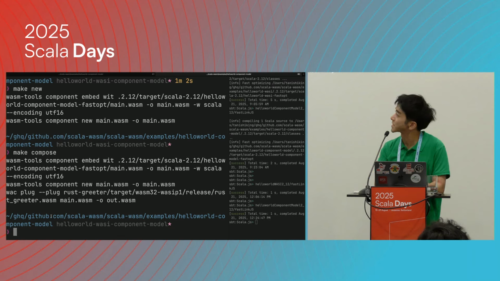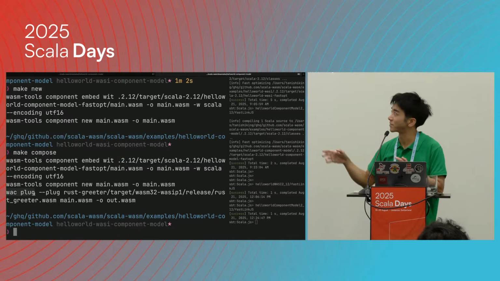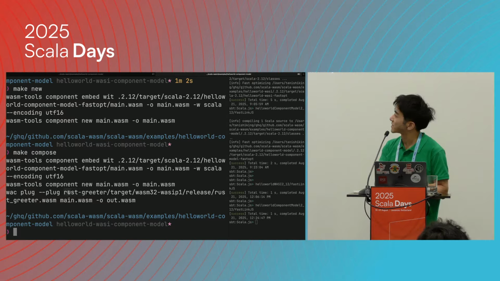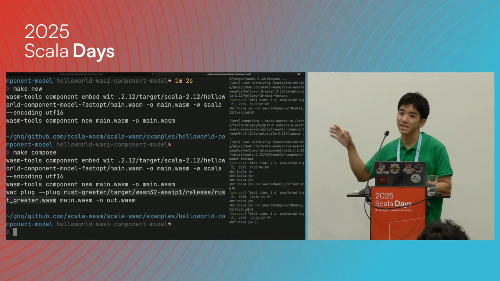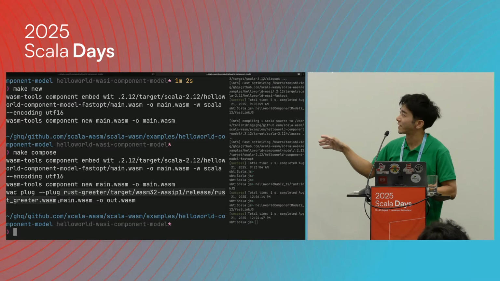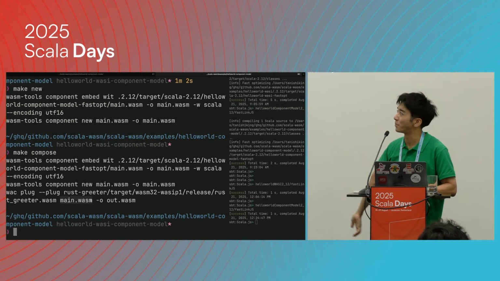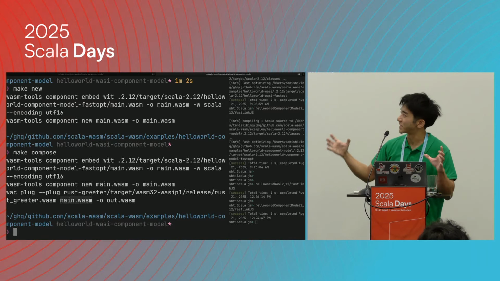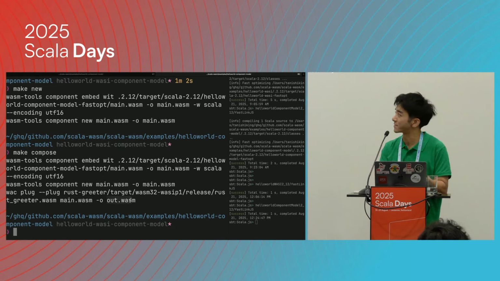This WAC plug is some kind of linker. What we are doing here is linking this Rust-generated Wasm component binary and the Scala-generated main Wasm component binary together. This is kind of static linking, and it generates out.wasm as the resulting binary. So let's run it. Hopefully it works.